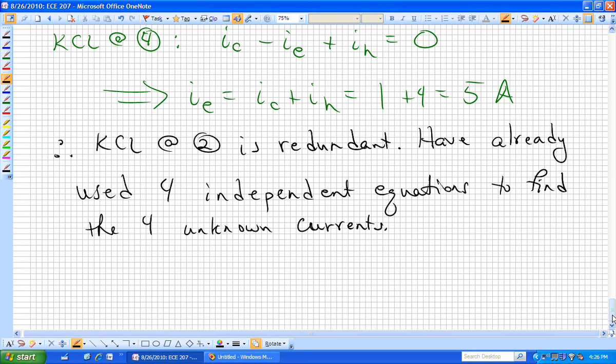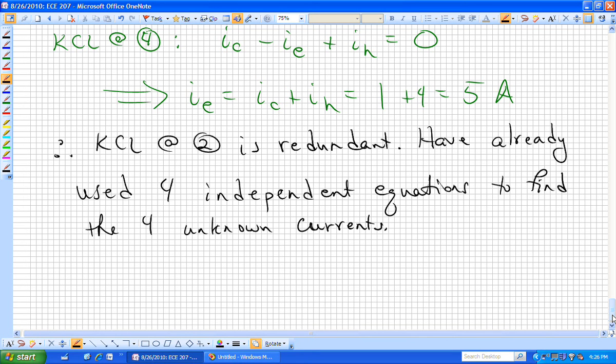Okay, good question. I used a different convention in those two relationships. In one of the relationships for node 1, I called I sub A positive.